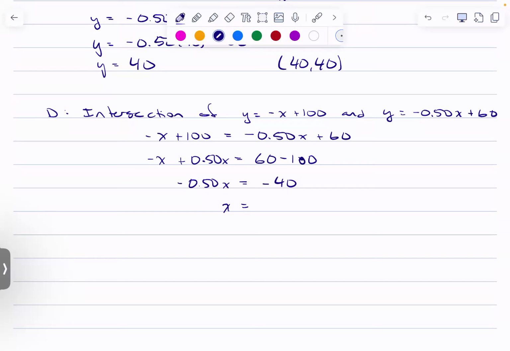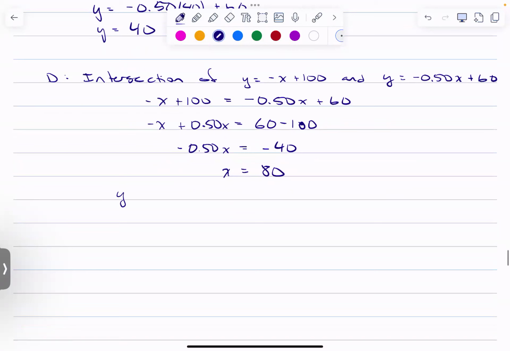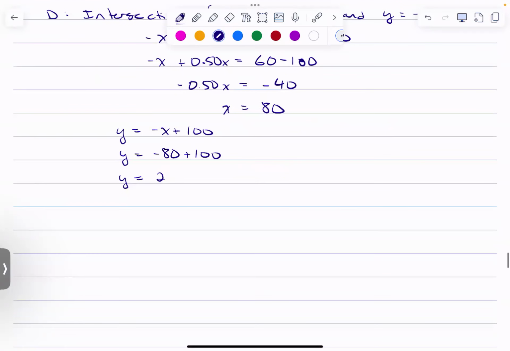Negative 40 divided by negative 0.5, x is 80, which I'm pretty sure checks out with the graph, which means that y is negative x plus 100. So y is negative 80 plus 100. Y is 20. So 80, 20 is that vertex.